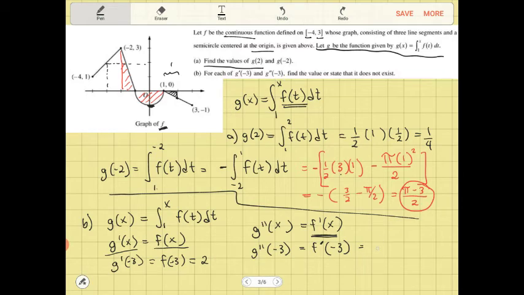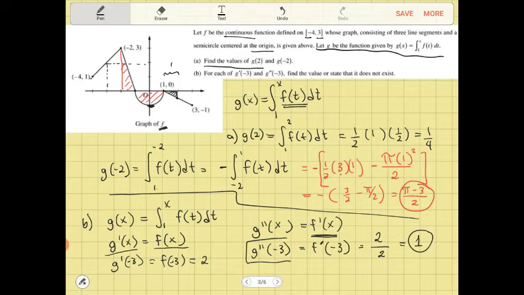What is the slope of that line? So, we go up from 1 to 3, so that means we are going up 2. And we go from negative 4 to negative 2, so we're moving to the right 2. So that slope is 1. So the second derivative of g at negative 3 is 1.